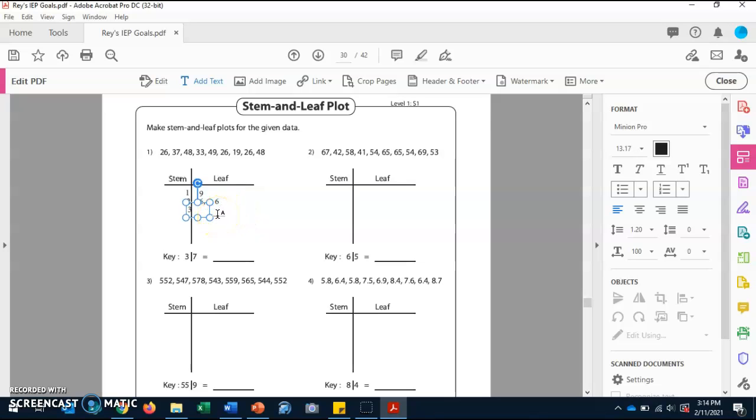And then over here, we are going to write our leaves. 33 is first, so we're going to write a 3. And then what is our next number? A 7. Good job.